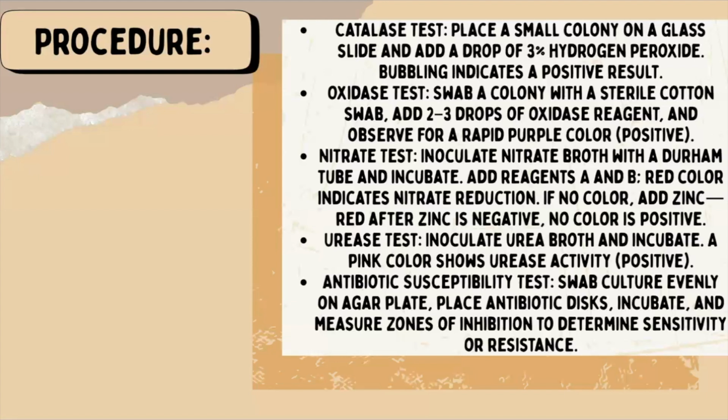And then for the urease test, we inoculated urea broth and incubated, and then a pink color shows urease activity, which indicates positive. And then for the antibiotic susceptibility test, we swabbed cultures evenly on an agar plate, then placed antibiotic discs, incubated them, and measured zones of inhibition to determine sensitivity or resistance.